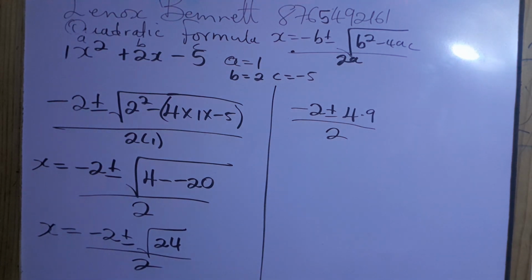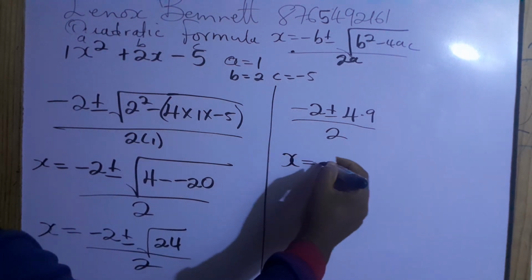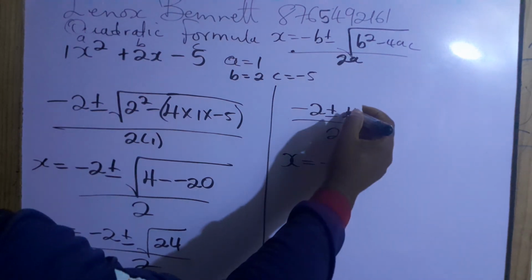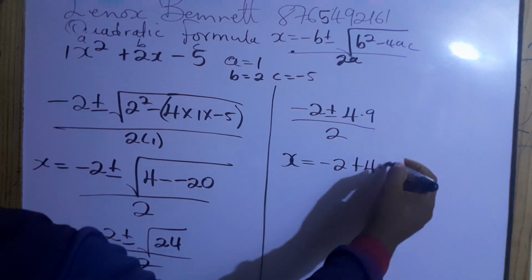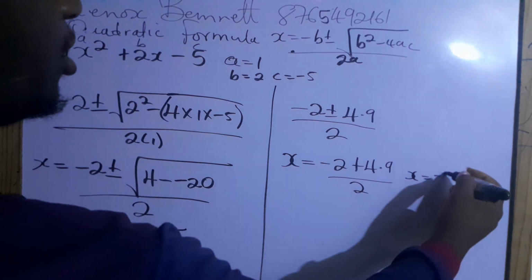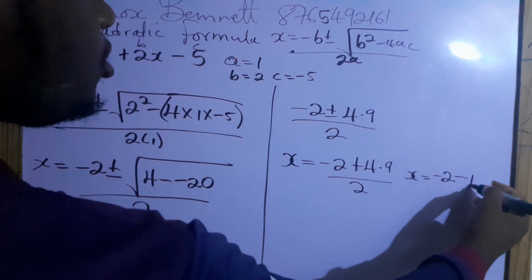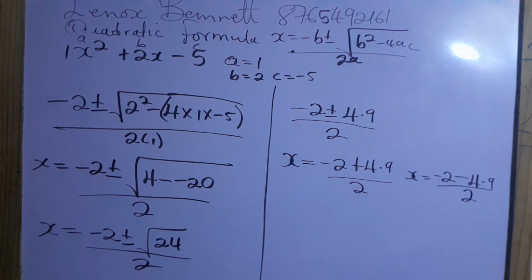And again, guys, we're going to get two solutions, right? So we're going to take x is equal to minus 2 plus 4.9 all over 2. And for the second option, it's going to be negative 2 minus 4.9 over 2. So it's two solutions we're going to get. Alright?